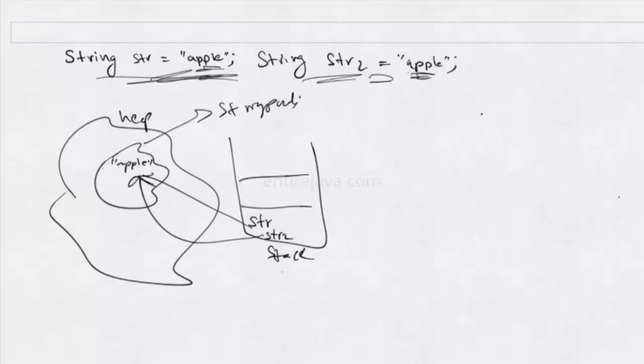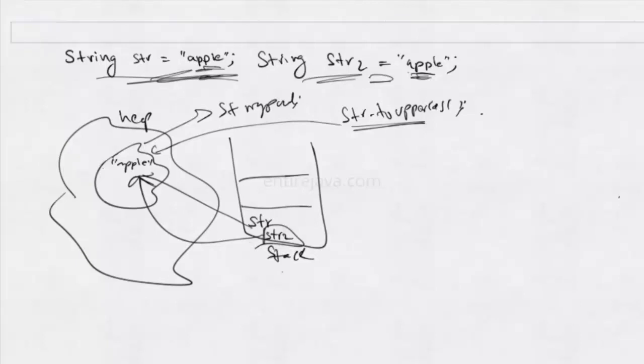Now, can you guess why Java designers made string immutable? That's because let's say we have a statement that says str.toUpperCase. If the string is mutable, then this statement will make changes to the actual object, and this will impact str2 because it is pointing to the exact same object.